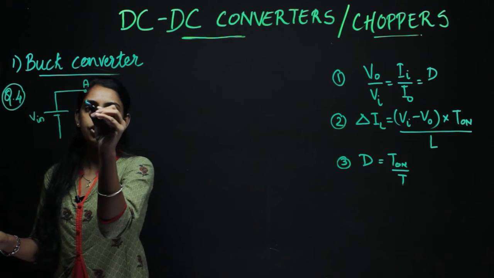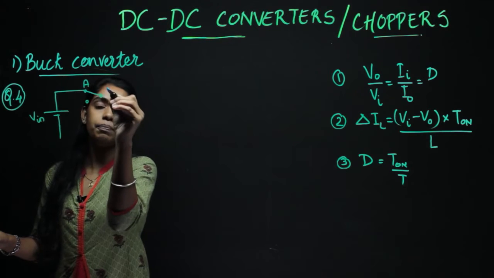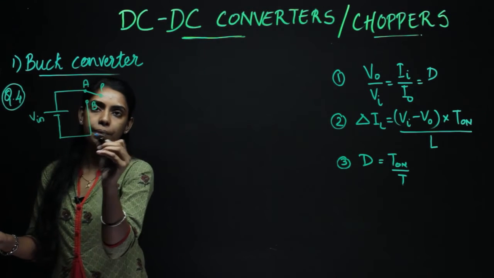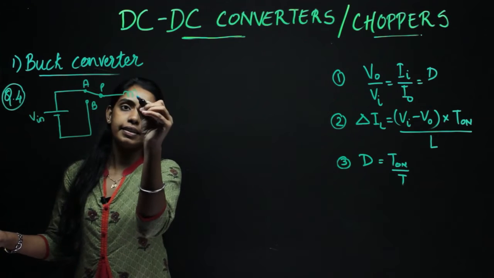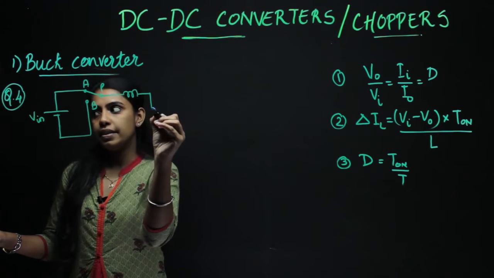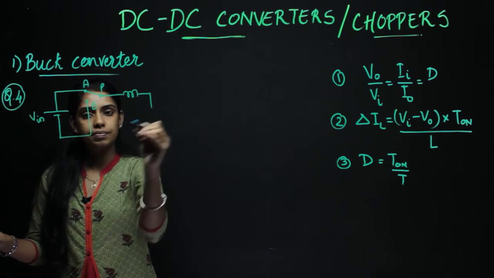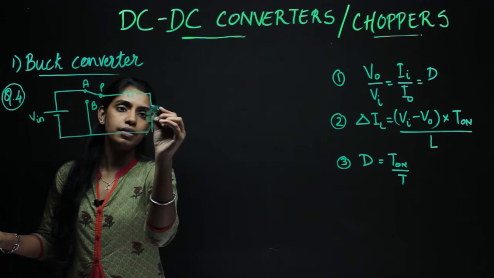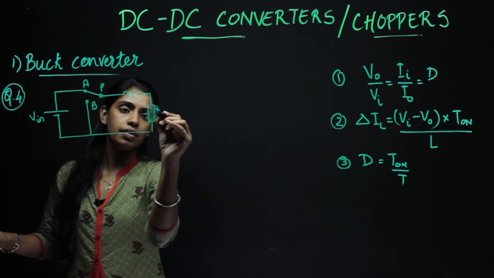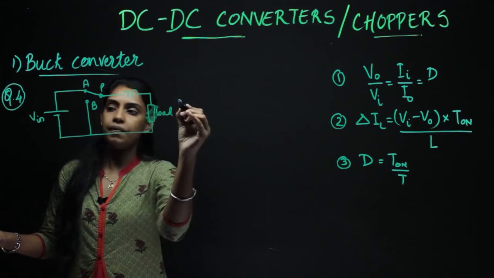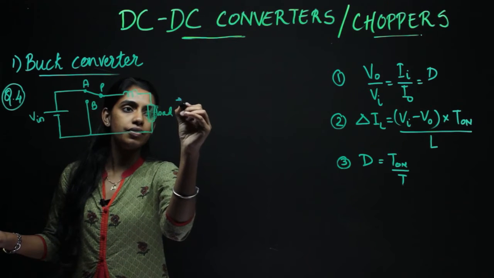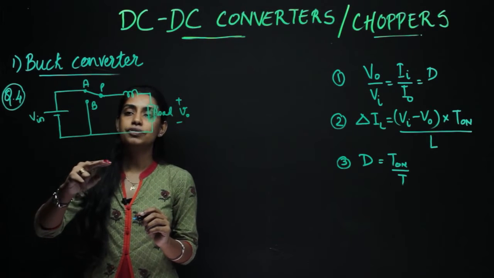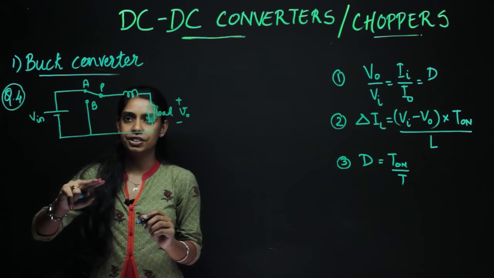The switch that they have shown is a single pole double throw switch, and then an inductor, and they are showing a load, and they're giving this voltage as VO. So they have asked to find out what kind of configuration is this.